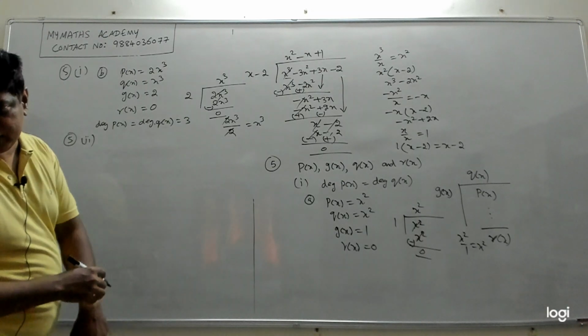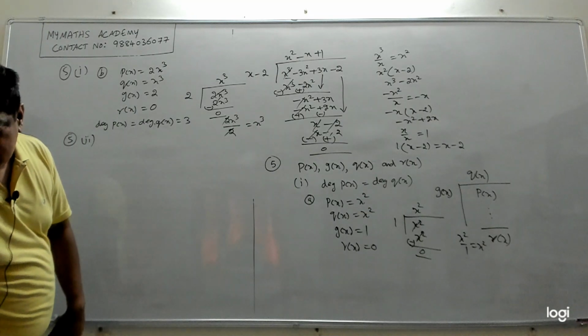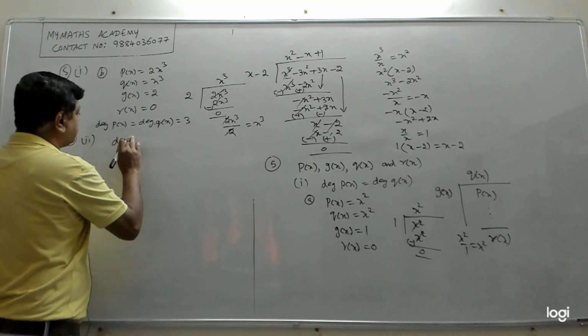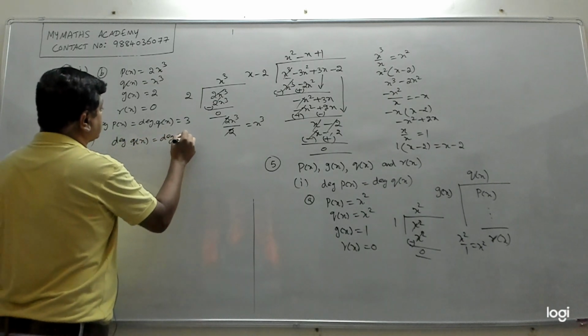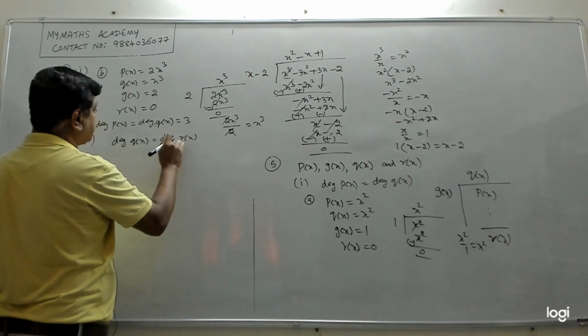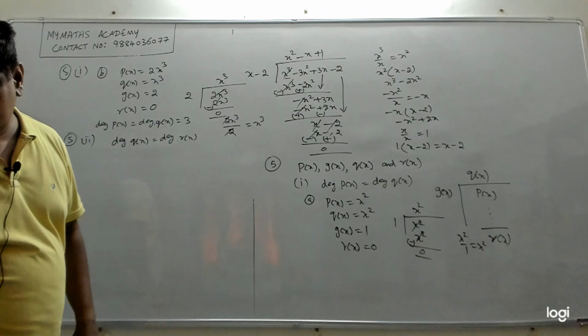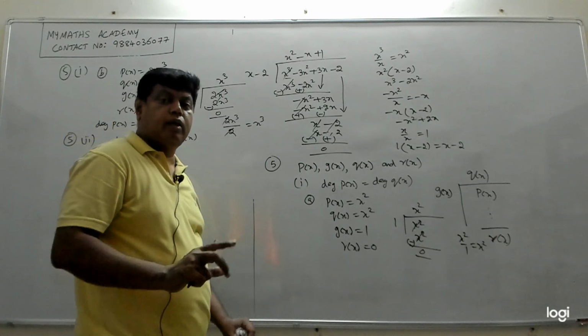P of x, q of x, r of x, g of x and all that, such that the condition is degree of q of x should be equal to degree of r of x, which means degree of the quotient and degree of the remainder should be the same. Like that we have to give an example of a polynomial.